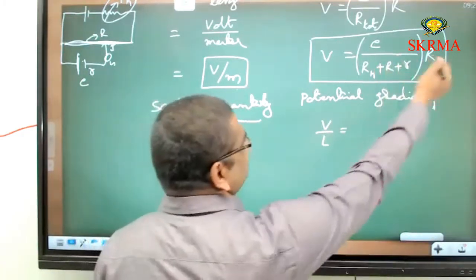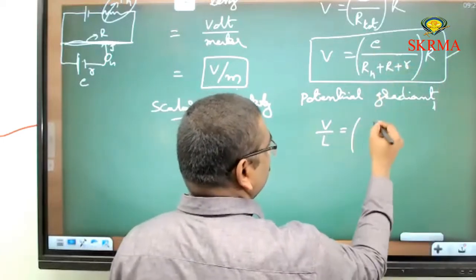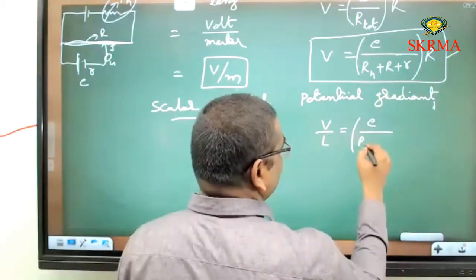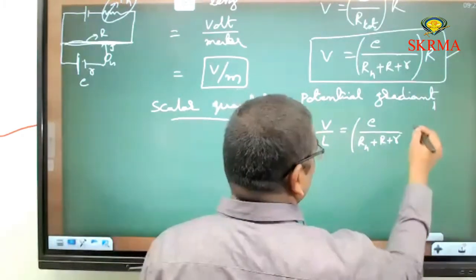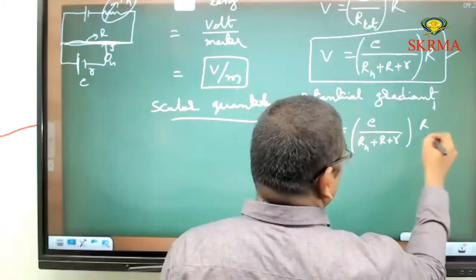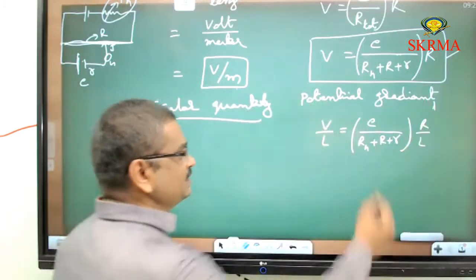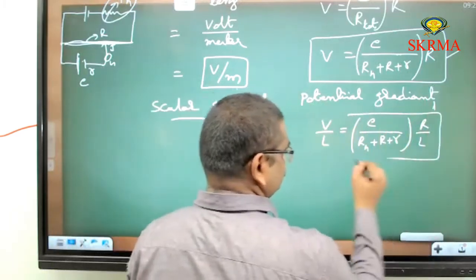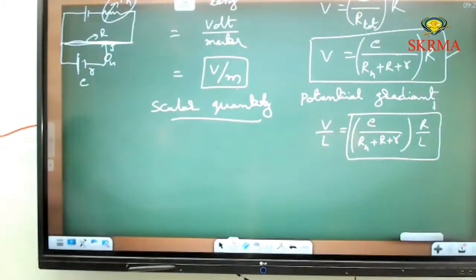What is the value of potential from this equation? E by (RH plus R plus small r) into R by L. So this is the equation for potential gradient.